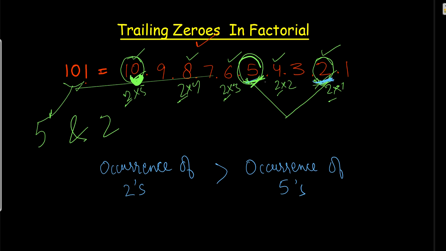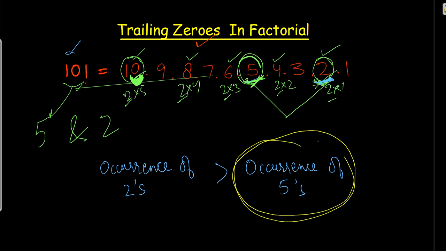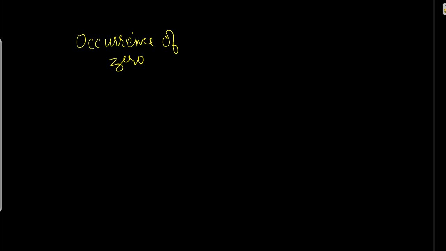Occurrence of 2 is 5 times while I am calculating for 10, and occurrence of 5 is just 2. That means I need to focus on calculating occurrence of 5, because anyhow I will get 2's occurrence. So for calculating occurrence of 0, I need to calculate occurrence of 5 in 10 factorial, right?